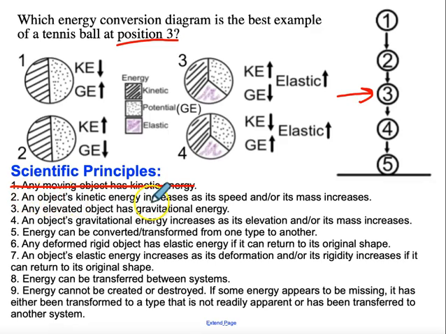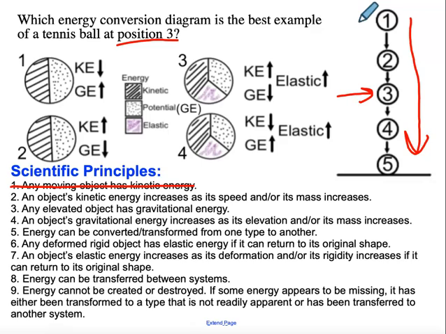Number 2, an object's kinetic energy increases as its speed and/or mass increases. Okay, so if we want to figure out what's happening here, we know it's going down. So if it's going down, what's happening to the GE? Well, as it loses elevation, the GE should be going down, and that energy is being converted to what? KE.